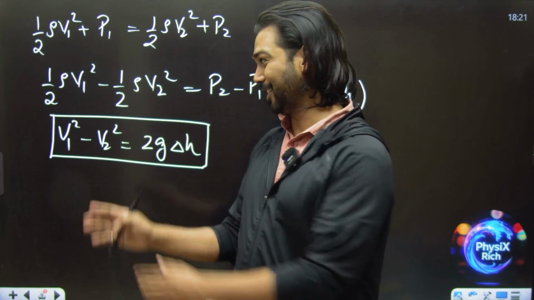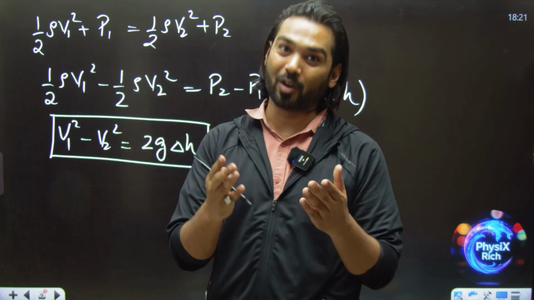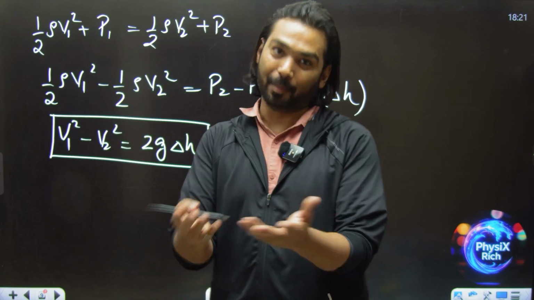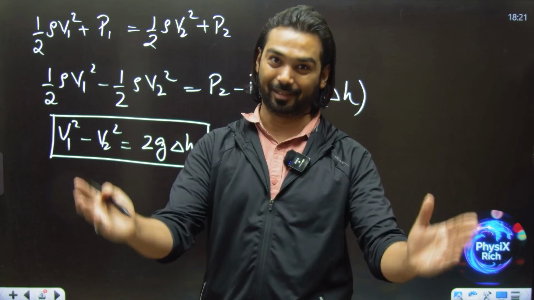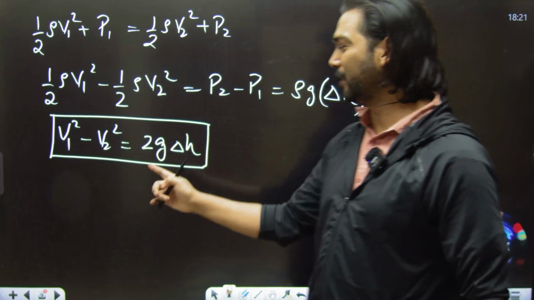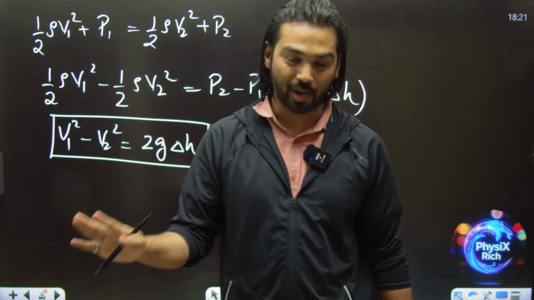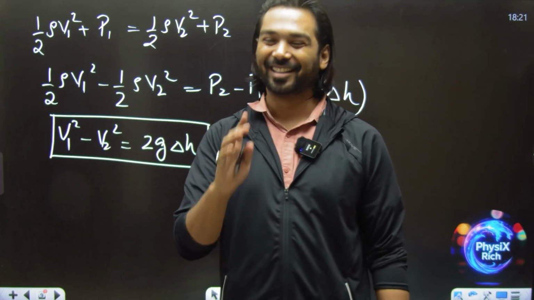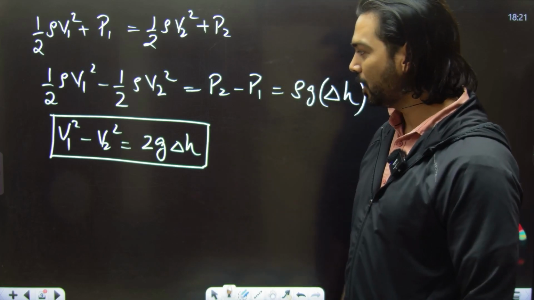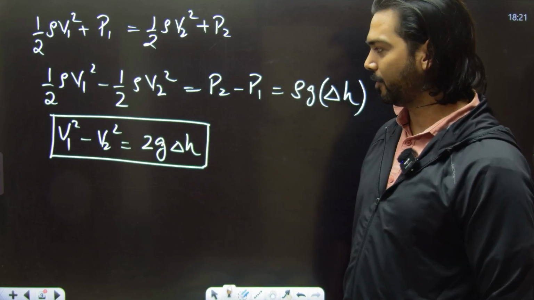This comes out of energy conservation, and energy conservation's consequence is Bernoulli's equation. So V1 square minus V2 square equals 2g delta h does not come out of the third equation of motion, it comes out of energy conservation. All right, so this is one very important equation that we have.